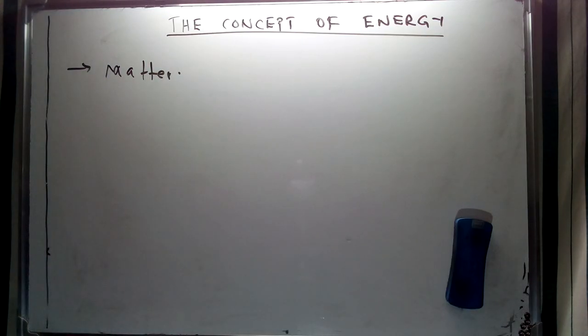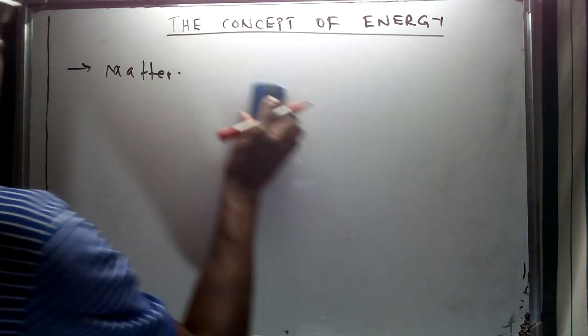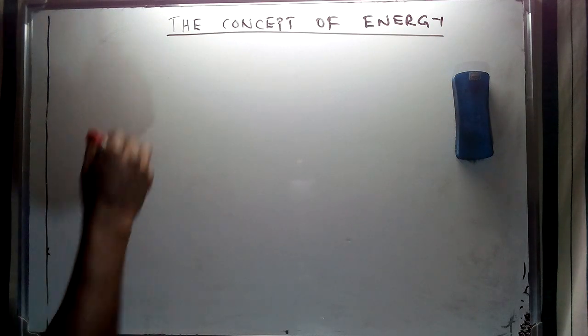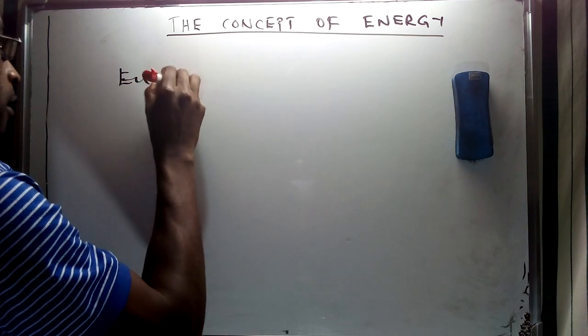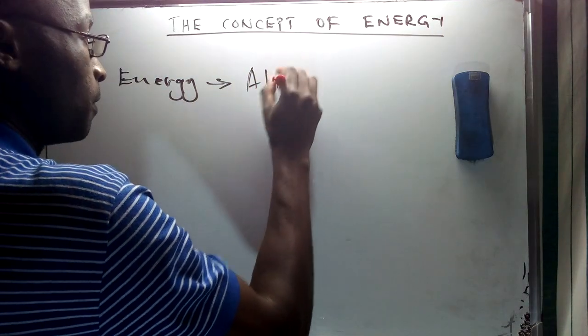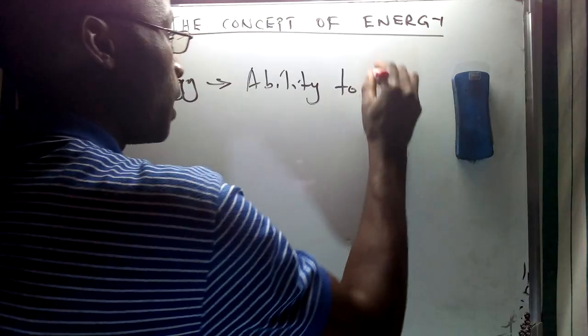We can represent graphically, or rather algebraically, this aspect of matter which we refer to as energy. There are various ways in which we can define this, but we can generally refer to energy as the ability to do work.